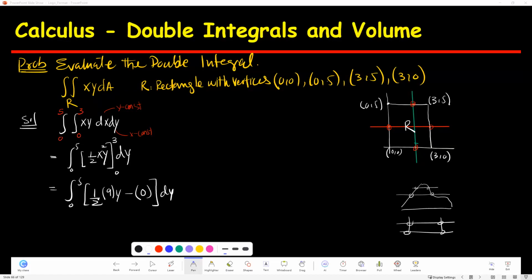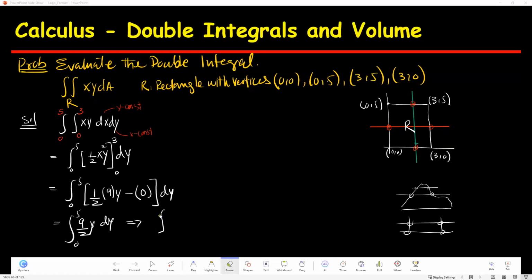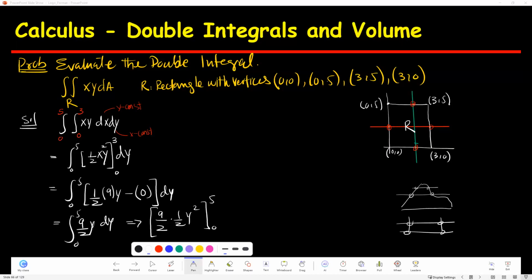Okay. Can we simplify this? Probably a little bit, not much. So 9 over 2 y dy from 0 to 5. If I solve this one, it's going to be 9 over 2 times 1 over 2 y squared, from 0 to 5. So it's going to be 9 over 4 times y squared.